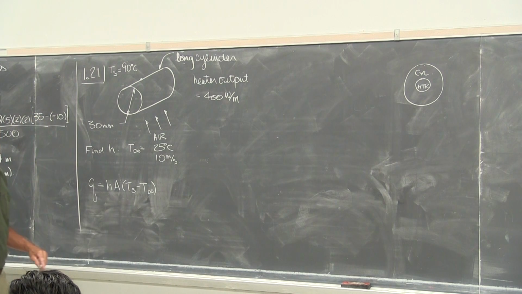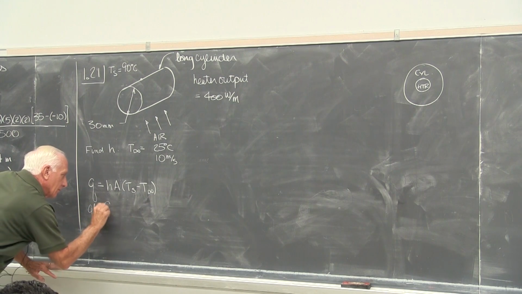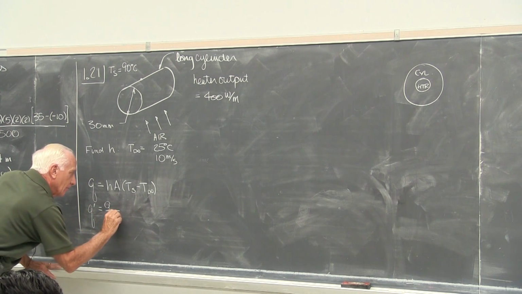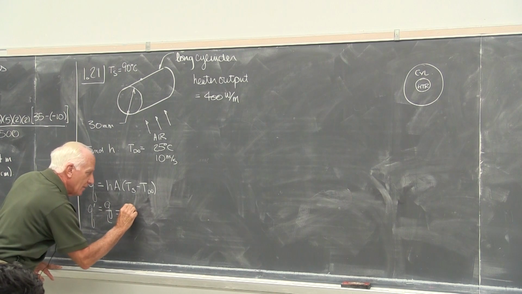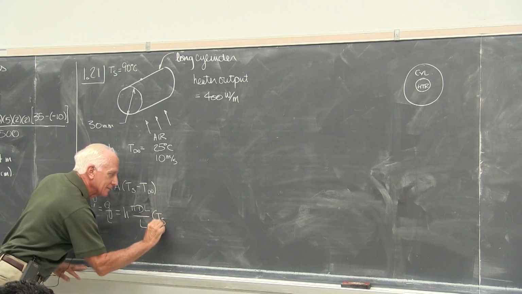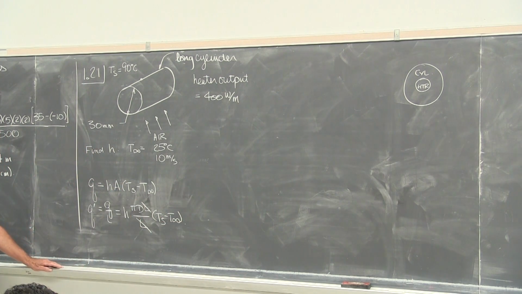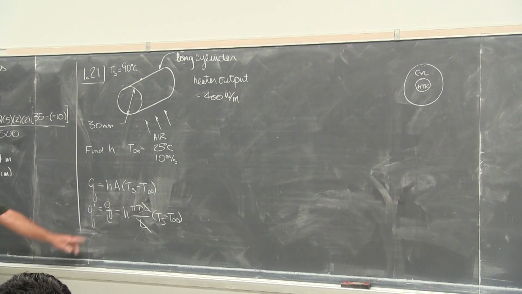What does that mean? That means I divide both sides of the equation by the length. Okay. Q prime equals Q over L equals h times the area, pi d L, divided by L, times Ts minus T infinity. L cancels. I'm supposed to find h.